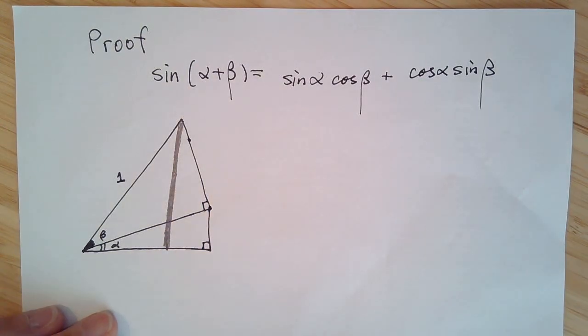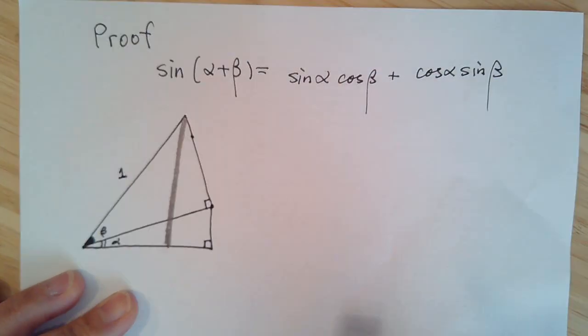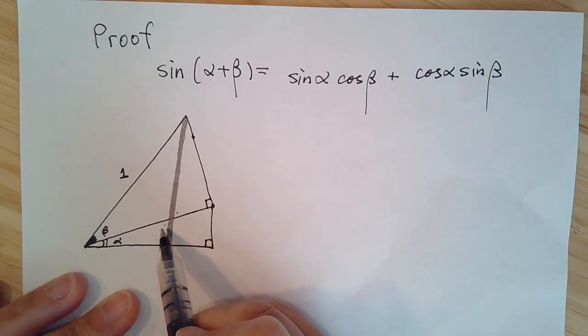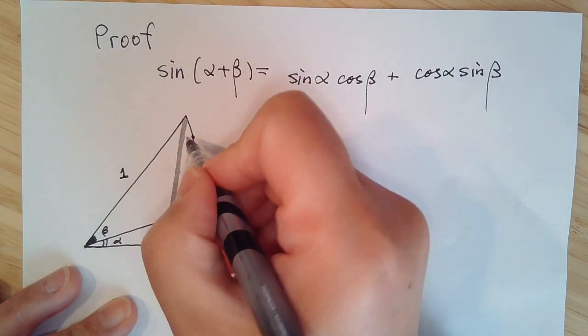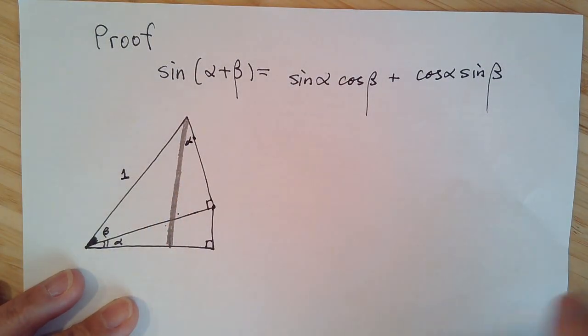Since this is all 90 degrees, notice that this angle and this angle are the same. This angle plus alpha is 90 degrees, so this angle plus that is 90 degrees. Therefore, this is my alpha.